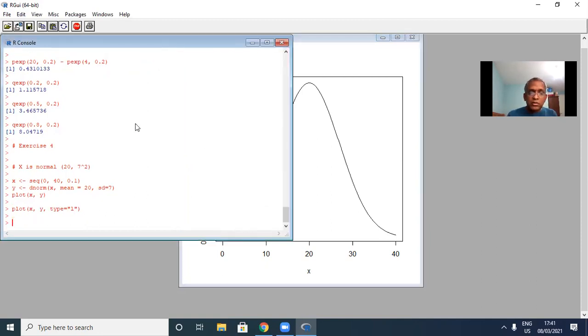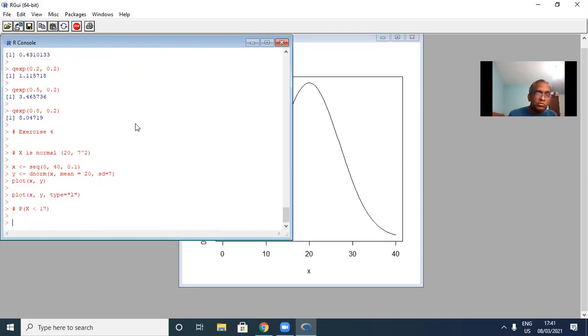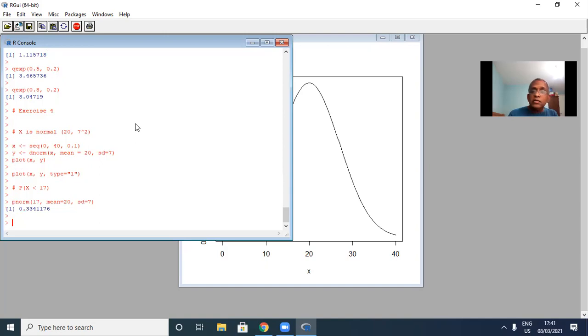Right, the question is also asking you to find the probability that x is less than 17. So to find this probability, you just say p norm at 17, mean equal to 20, standard deviation equal to 7. Again, less than or less than or equal to does not matter because normal, as you know, is a continuous distribution.